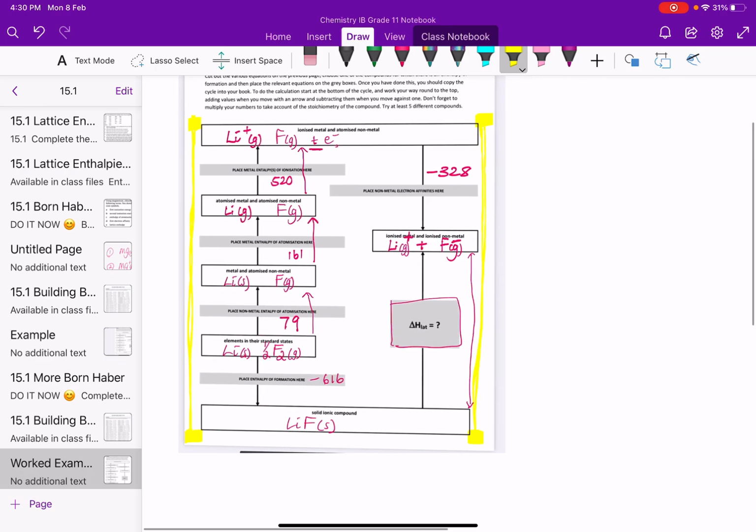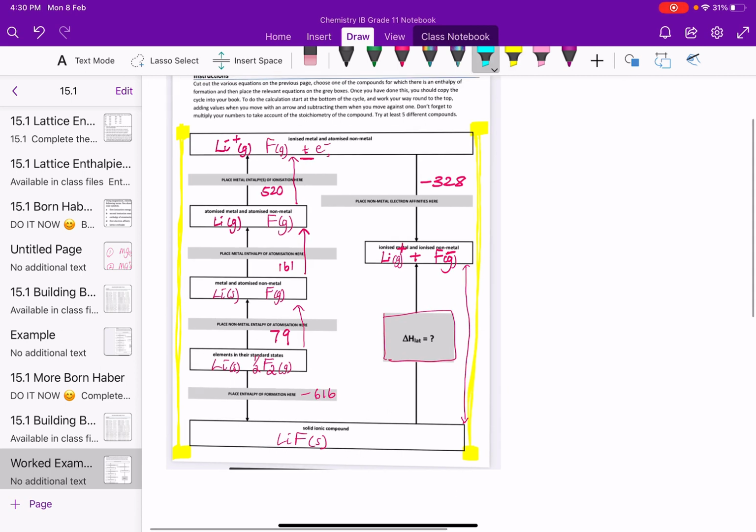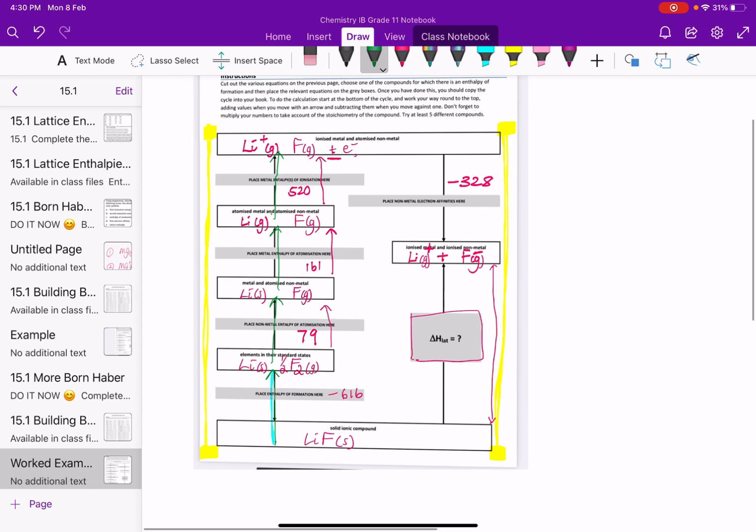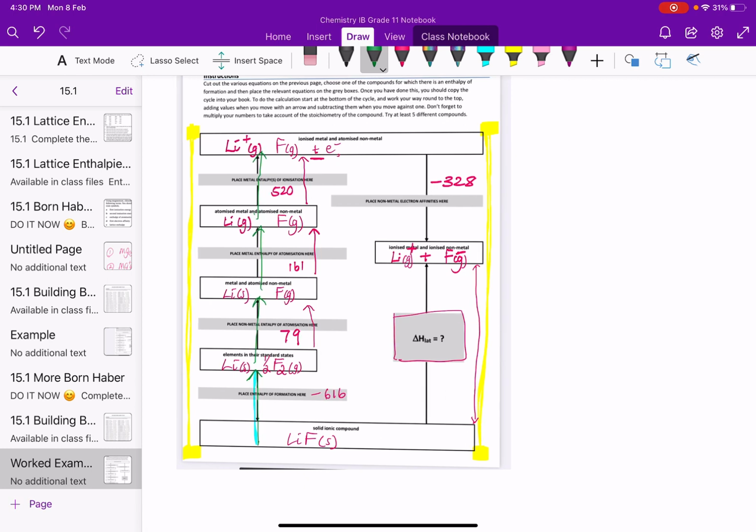So the next stage that I would do is I would try to travel from lithium fluoride up, let's use a different colour, up in this direction, up to the top. So that means that the arrow that I'm thinking of in terms of my direction of travel is going up.